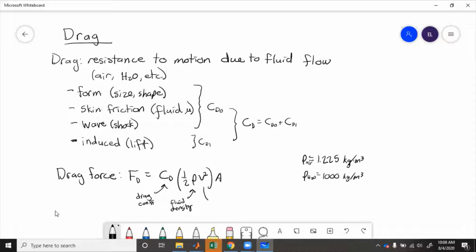Now, this V, this is the relative velocity of the object and the fluid. So an example is if you have a static fluid, say you have a person who is swimming in a swimming pool.